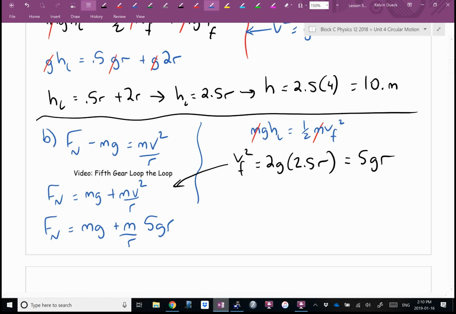Now the m's don't cancel, but I notice something that cancels. The r's cancel. Well, that's kind of nice. And you end up with mg plus 5 mg. What is mg plus 5 mg? The normal force at the bottom, if it's a circular loop, you're pulling 6 G's, and they don't let you do that at an amusement park ride.